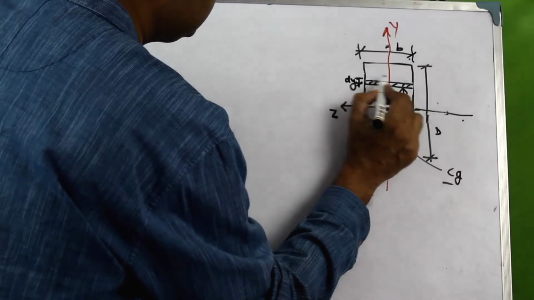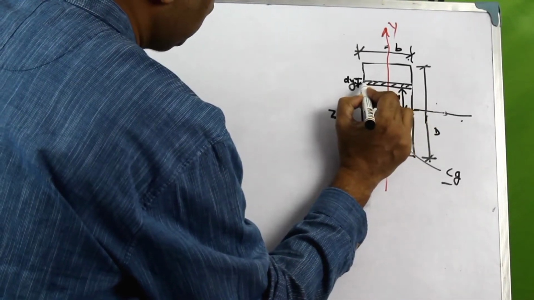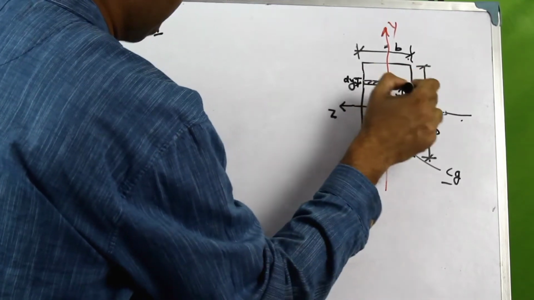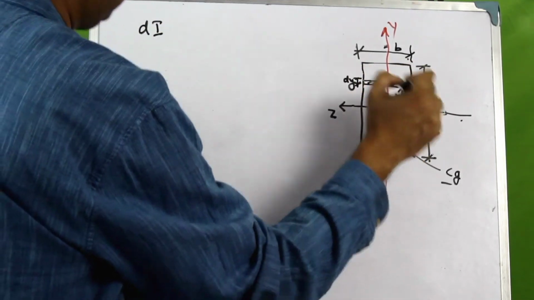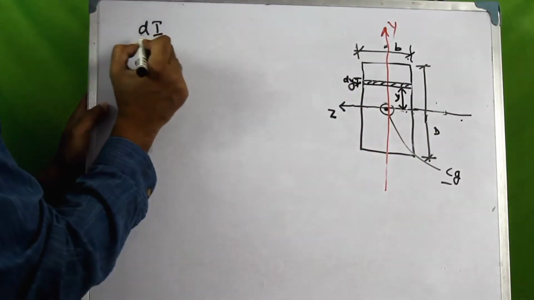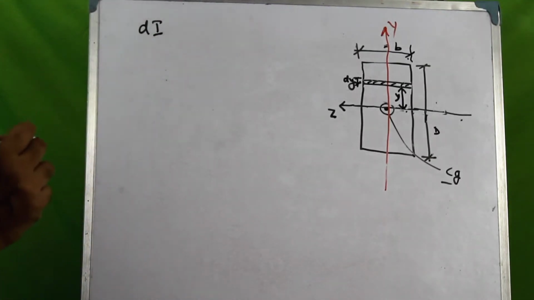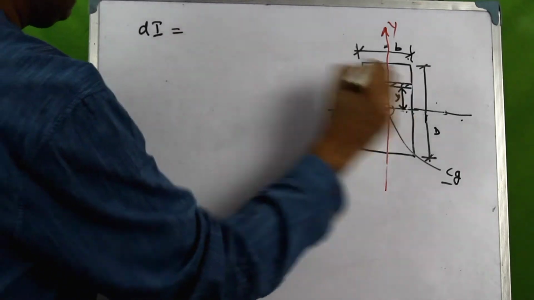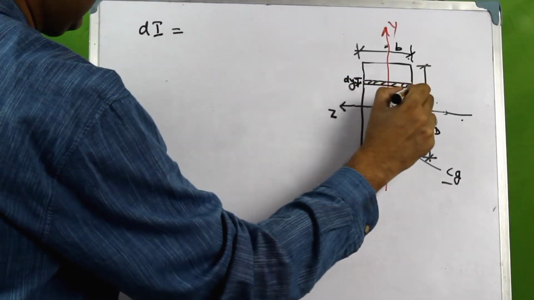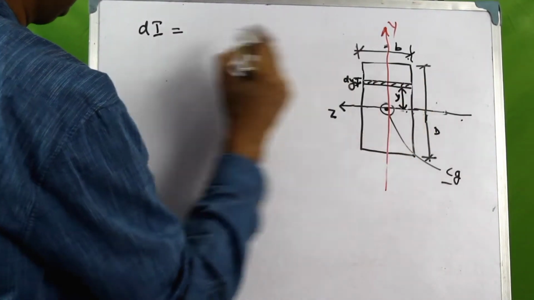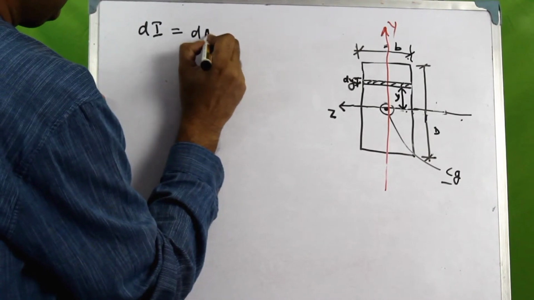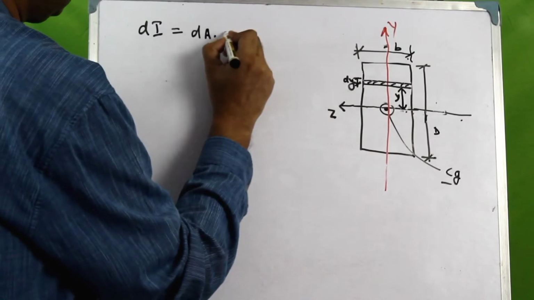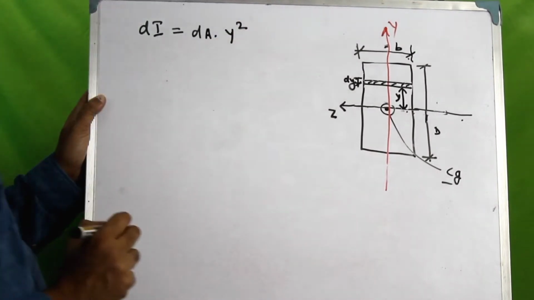So for this elemental strip, this cross-sectional area of width b and depth dy, we are finding the moment of inertia about the z-axis, and that is represented as dI. And that would be what? dA, the cross-sectional area of this elemental strip, into the square of the distance from the z-axis, so dA into y square.